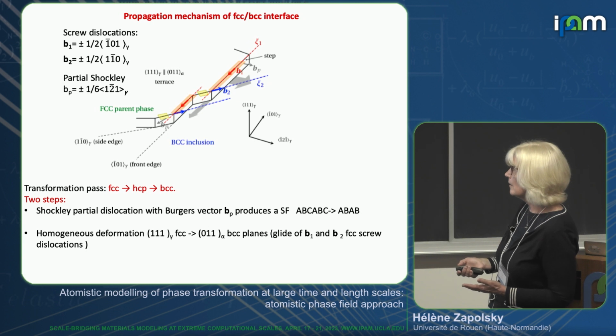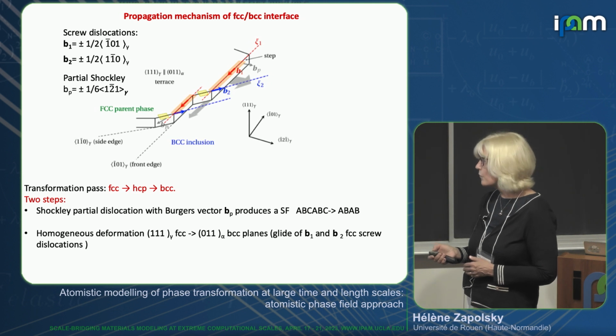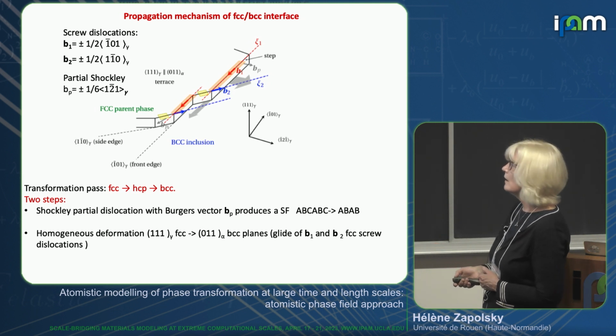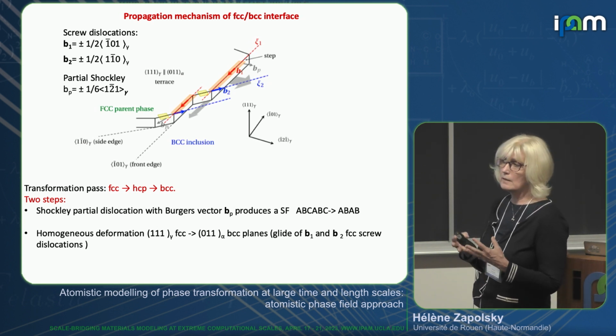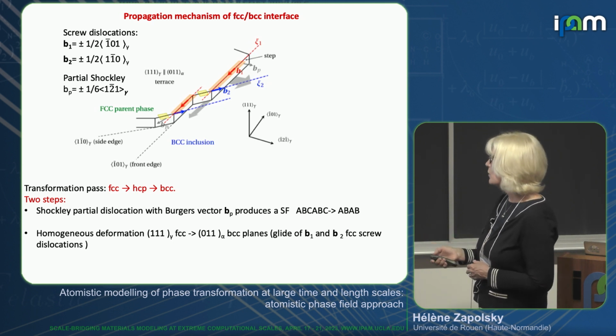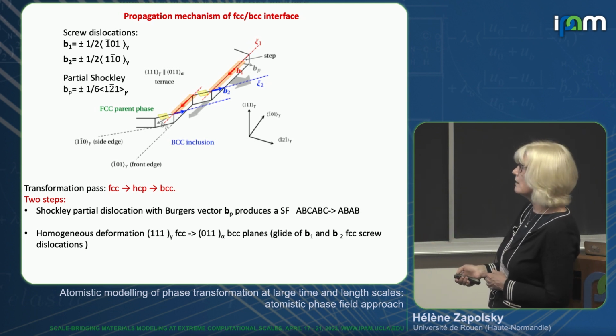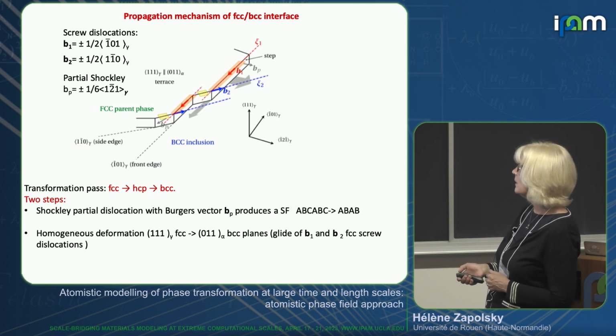So what we at least observe in this case is that the mechanism of this transformation is linked with the movement of the Shockley partial dislocation with Burgers vector bp, and the movement of this Shockley dislocation will transform the ABC sequence on the FCC plane to A, B, B, which we find in the BCC plane.